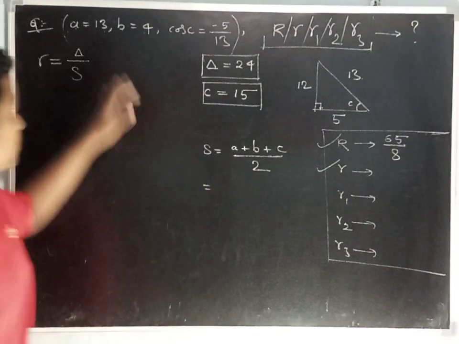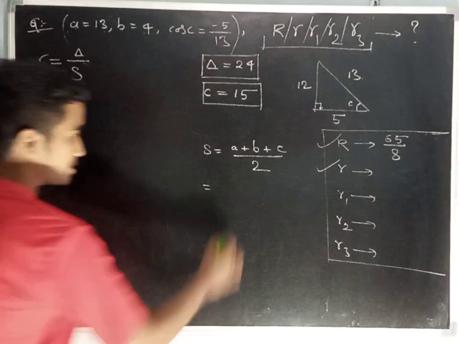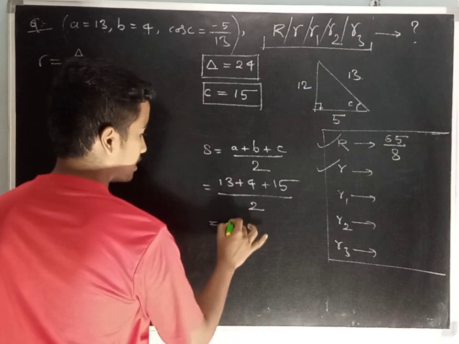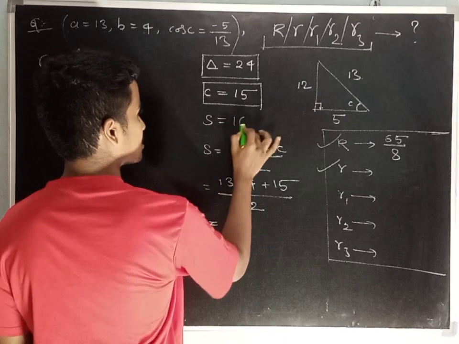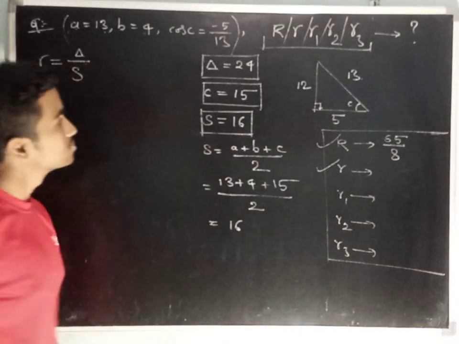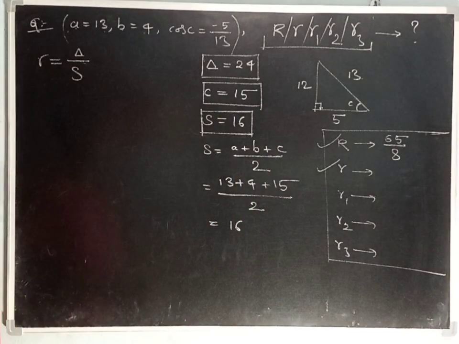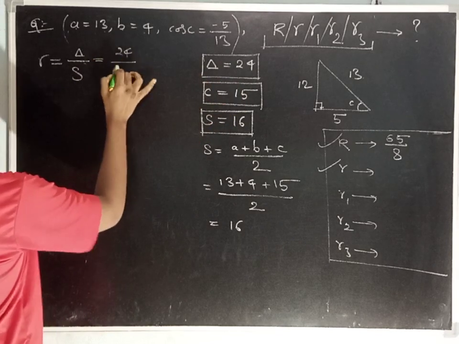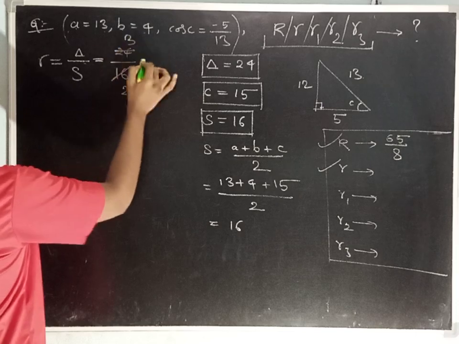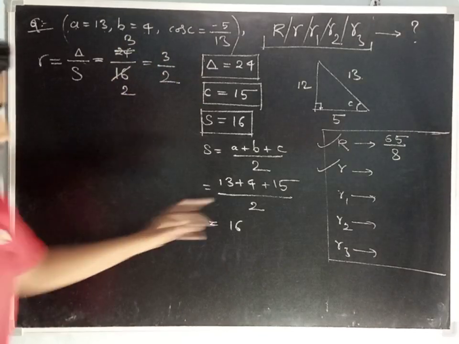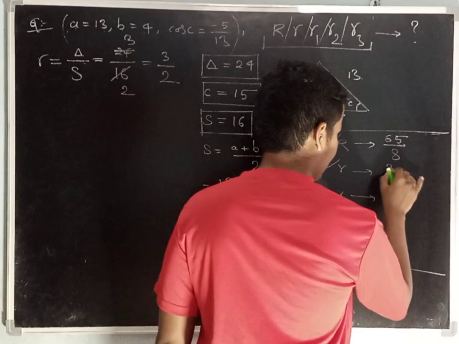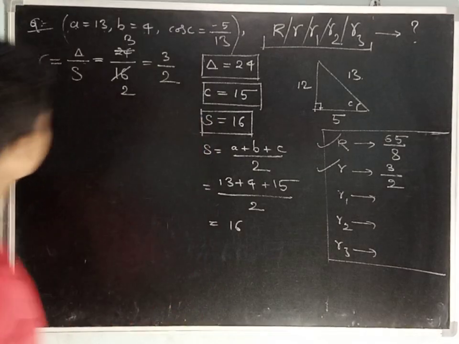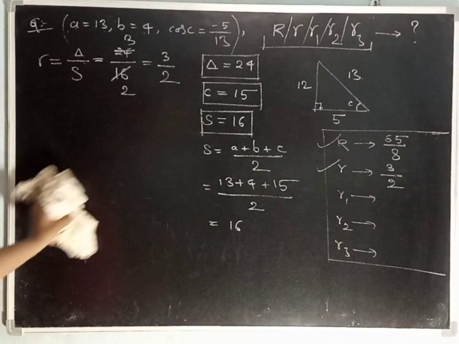We have got the values of a, b and c, so let me substitute it here: 13 plus 14 plus 15 by 2 is nothing but 21. So the semi-perimeter is going to be 21. Now delta by s: delta is 24 and s is 21, which gives 8 by 7. It means the radius of the incircle is going to be 8 by 7. Let's move on further.